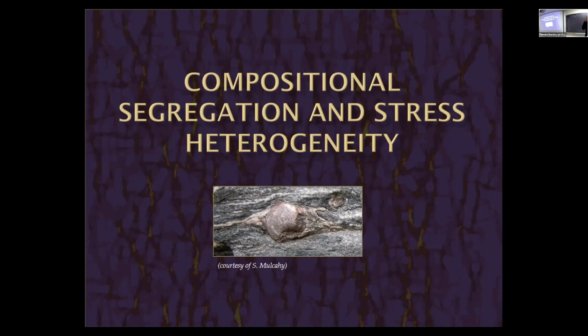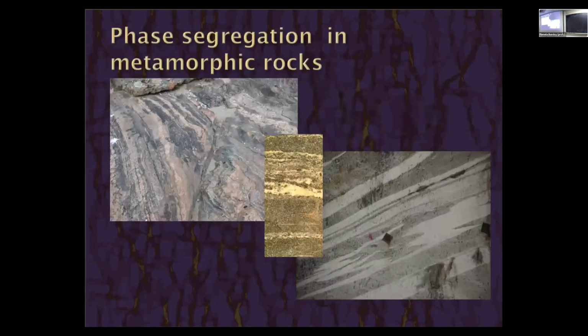That's why we call them pressure shadows, because we have that intuitive feeling that things are disturbed, and now we can have dissolution and reprecipitation or diffusion that can move the more mobile components around. We also see segregation of phases in metamorphic rocks, but this is another huge problem we don't understand. Why does that happen?